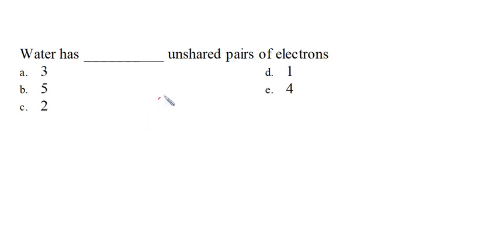So water has how many unshared pairs of electrons? So let's go ahead and write out the formula for H2O. That's water. Now water is a neutral molecule, meaning that oxygen with its 6 valence electrons and hydrogens got 1 each. So in this picture I need to show a total of 8 valence electrons.